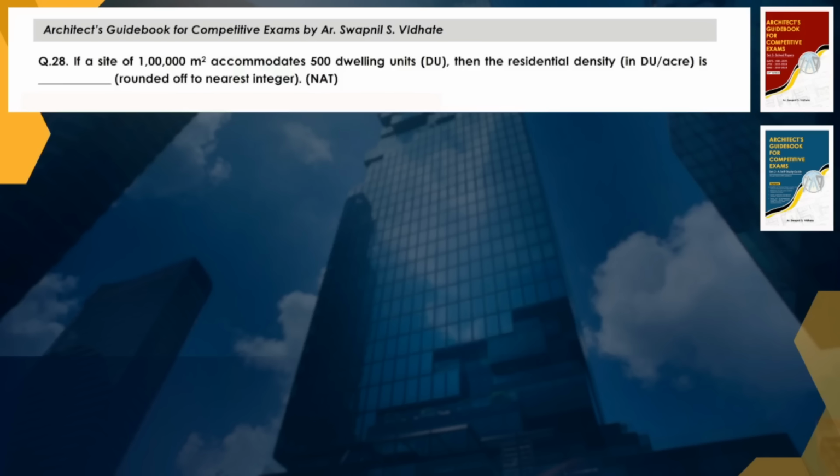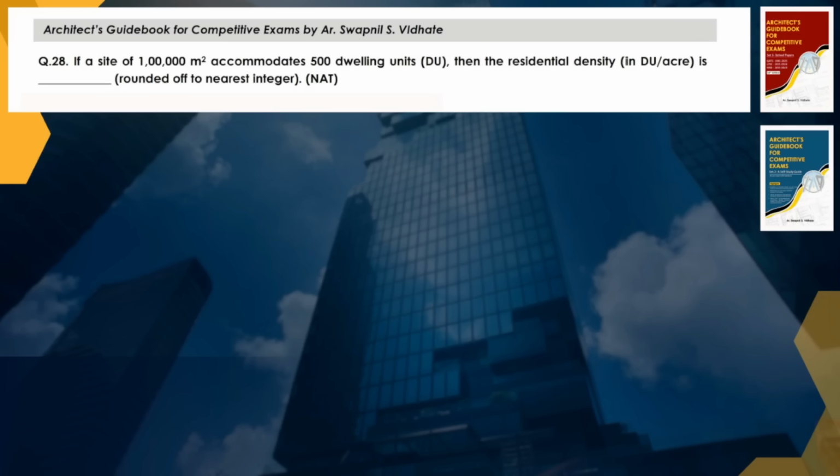Question 28, again an easy one. If a site of 1 lakh meter square accommodates 500 dwelling units, DU, then the residential density in DU per acre is how much? They have provided site area in meter square, and they are asking the residential density in terms of dwelling units per acre.